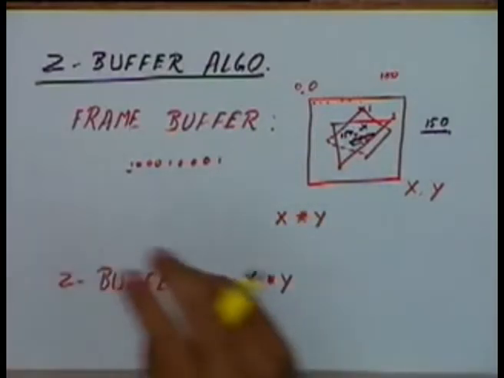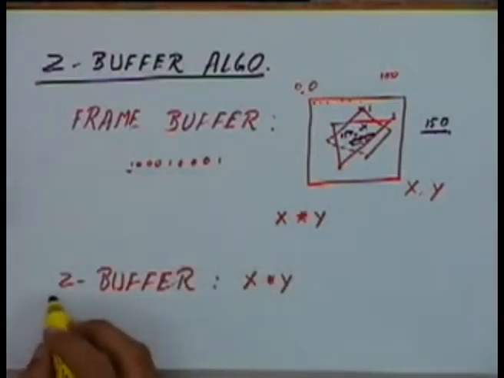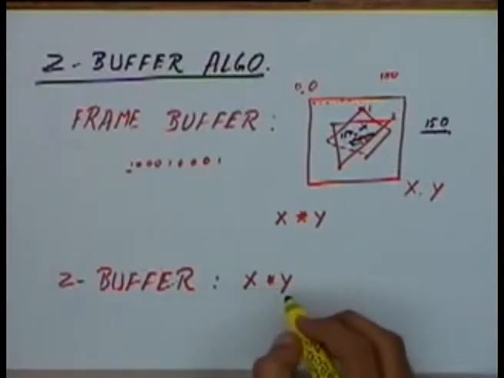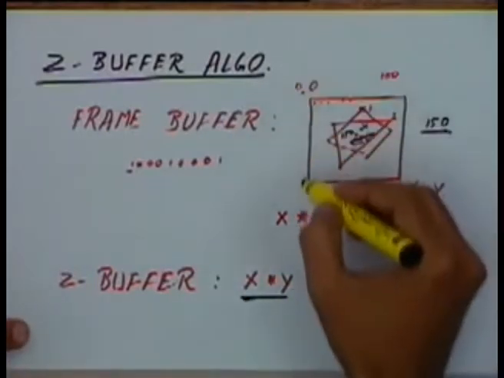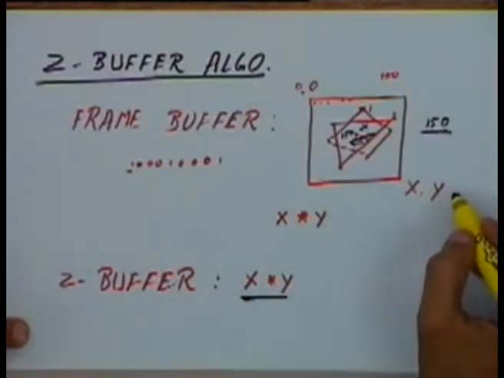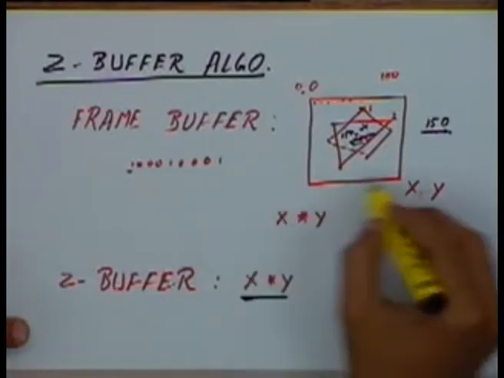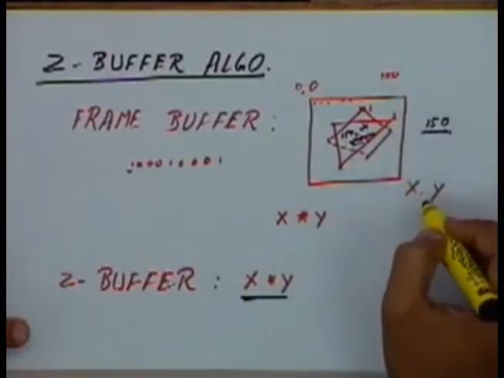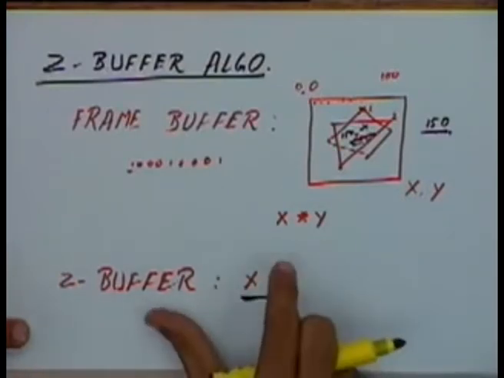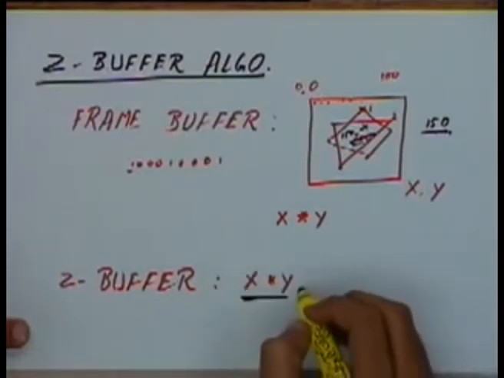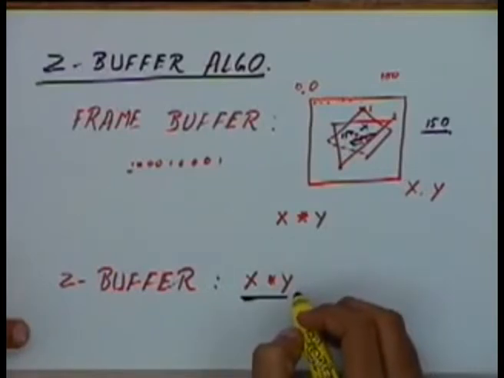So we will use an array of the size of x times y, where x and y are the resolution of the screen in the x and the y directions. In the x direction the resolution is x, in the y direction the resolution is y. So we will use a buffer or memory space of the size x times y. Are you storing information regarding which polygon it is?